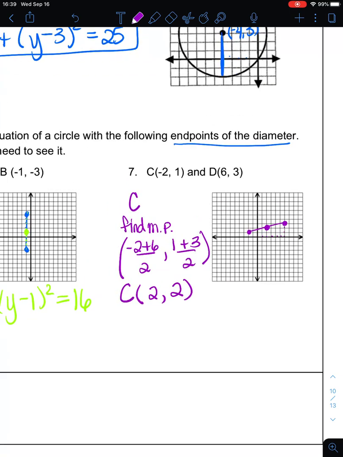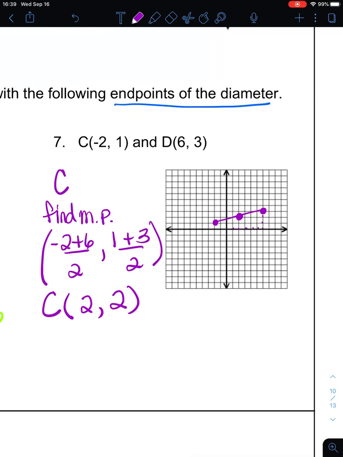And then I need to know the radius. Now this is a little bit harder, but you can use the distance formula. Or in this case, I highly recommend that you use the Pythagorean theorem. There's that nice little right triangle where this side is 1, 2, 3, 4, and this side is 1.